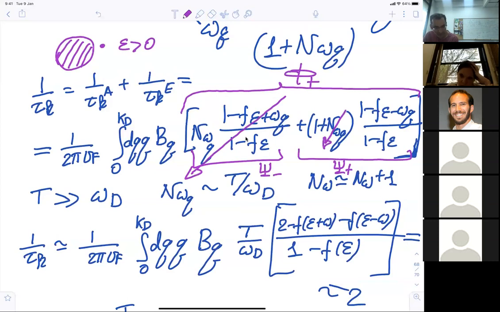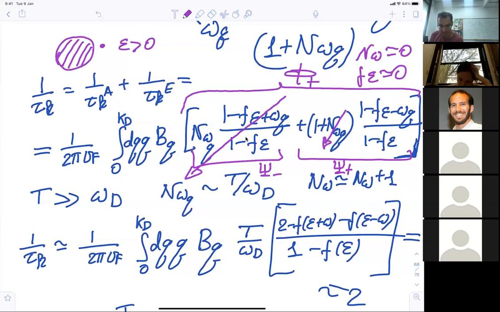It means that n of omega is 0 and f of epsilon is 0. So we are left with this expression.